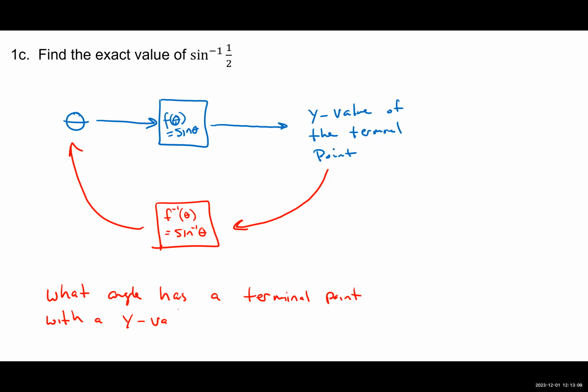We're talking about sine, so it's the y value. What angle has a terminal point with a y value of 1/2? Right? That's what this is saying. Because the sine inverse of a half is going to equal some angle. We have to figure out what this angle is. The y value has to be a half.